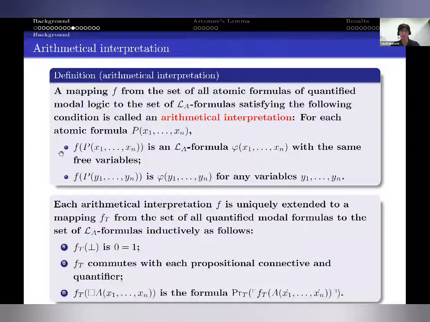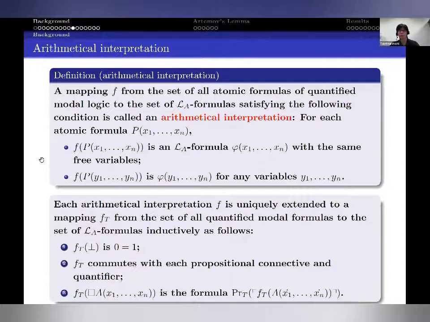In this case, let's say F maps P of y1 to yn to a formula phi of y1 to yn of arithmetic. A mapping satisfying these two conditions we call an arithmetical interpretation.